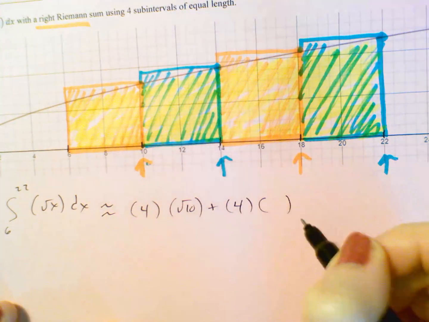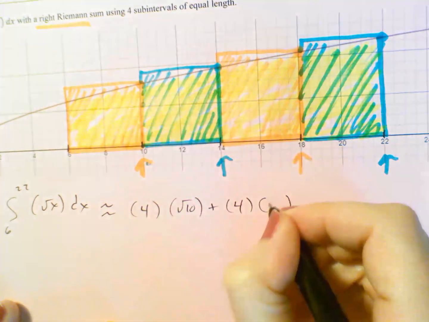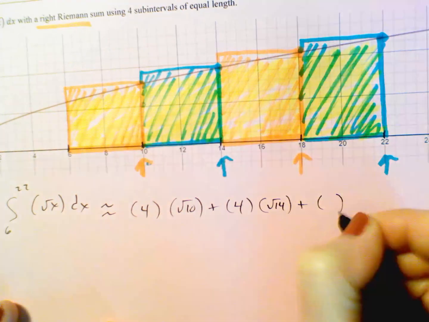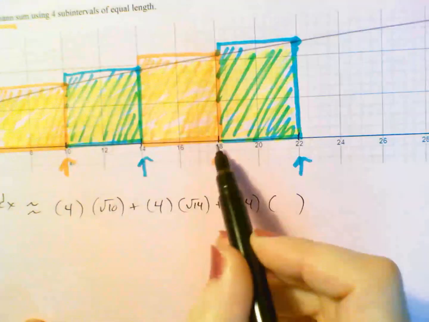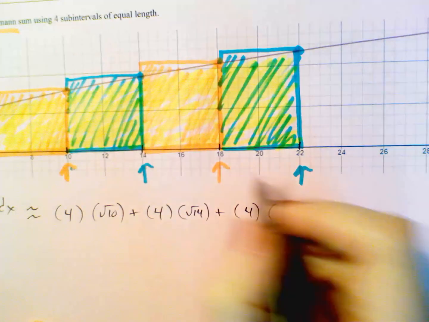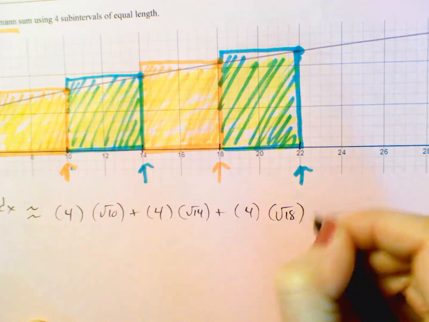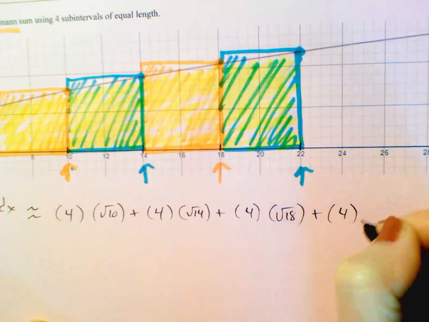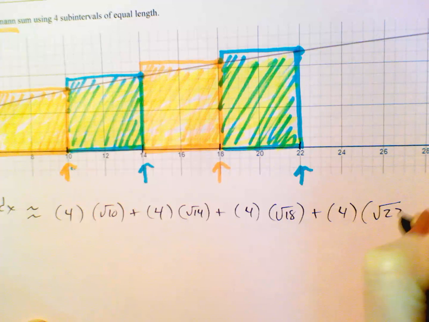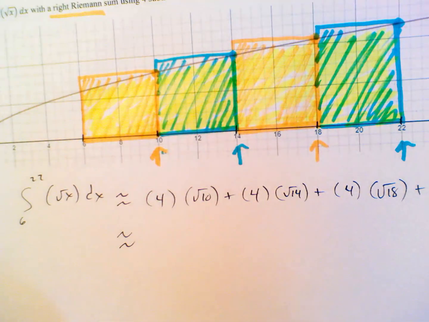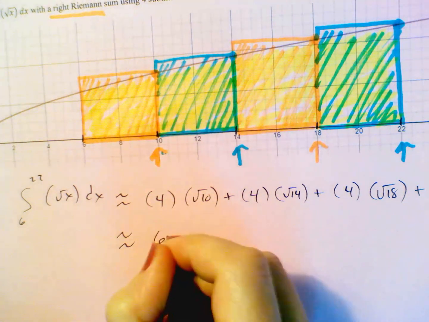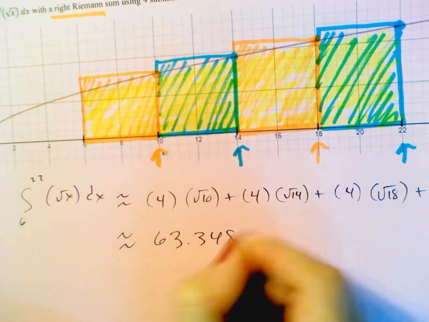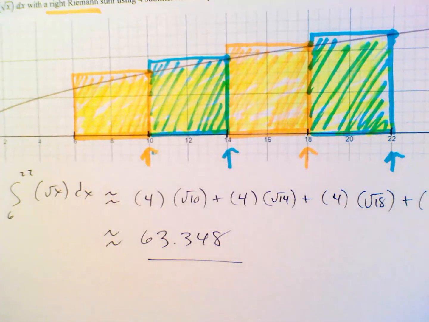You could figure it out. So 4 radical 14, 4 radical 18, 4 radical 22. So here, approximately 63.348, bigger than our last one.